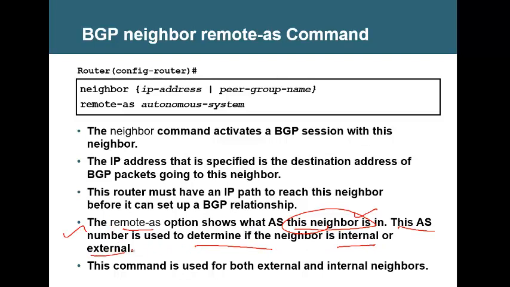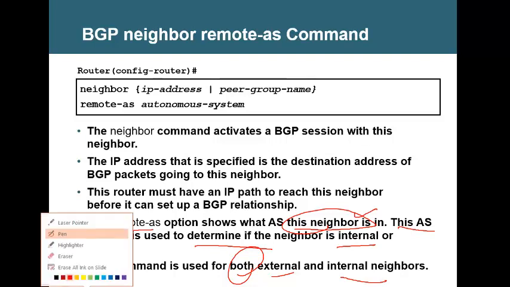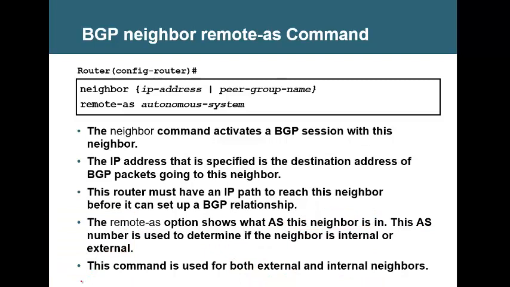And see the last point. This command is used for both external as well as internal. The word remote sounds like external only, but it is not true. In BGP, external or internal is determined by comparing the autonomous system number, not the command.